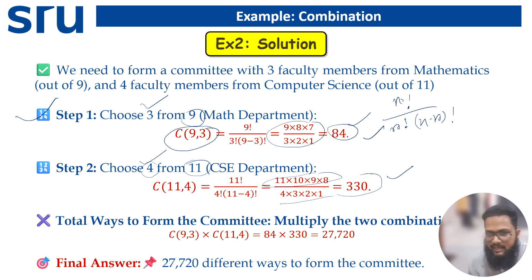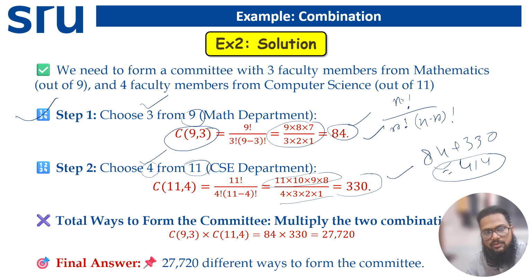Then the choice would be 84 plus 330, so 414. This would be the answer if they were asking to choose any faculty from this set, either math or CSC. But the question is asking you to choose at least one from each set, so you have to use the multiplication formula here.